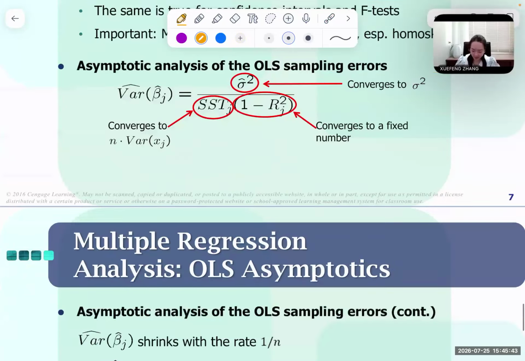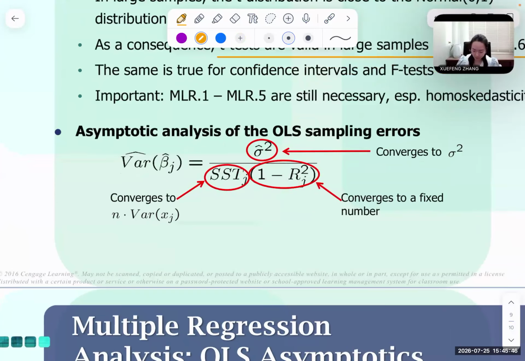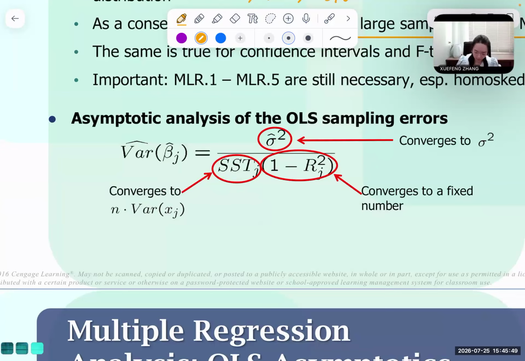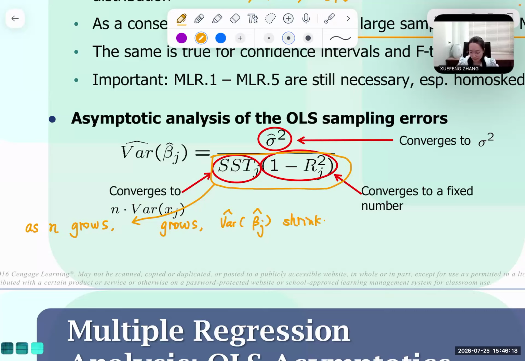Okay, let me write it down. As n grows, this part grows, which means the variance hat of beta j hat shrinks towards 0.